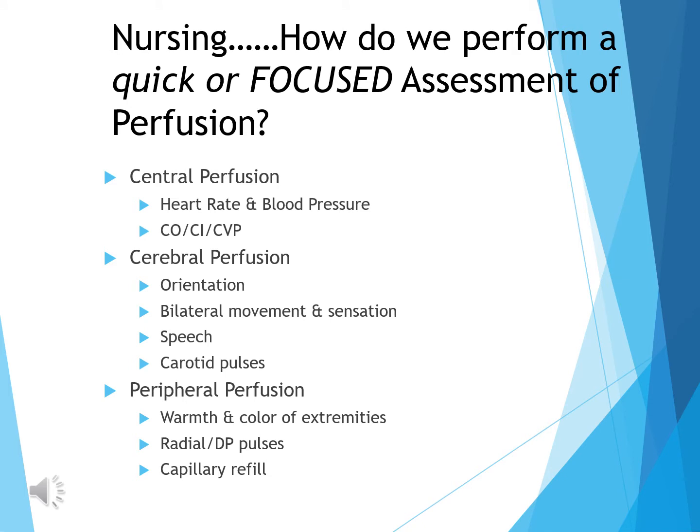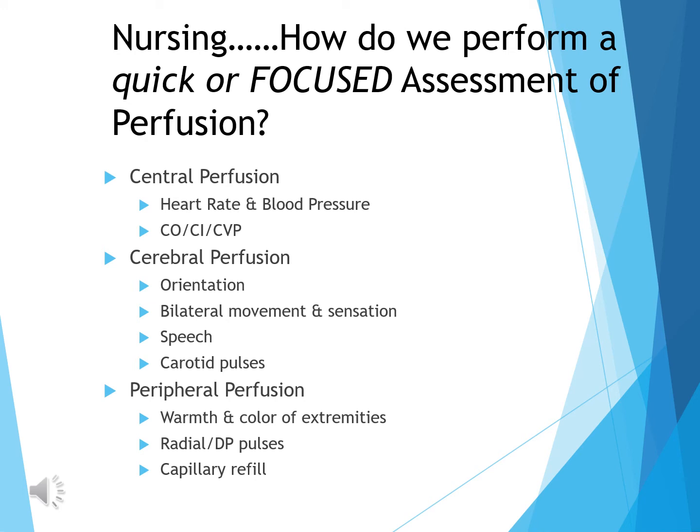So how do nurses perform a quick focused assessment on perfusion? Well, again, we need to look at our central perfusion, our cerebral perfusion, and our peripheral perfusion. We identify central perfusion through our heart rate, blood pressure, cardiac output, cardiac index, and central venous pressure.